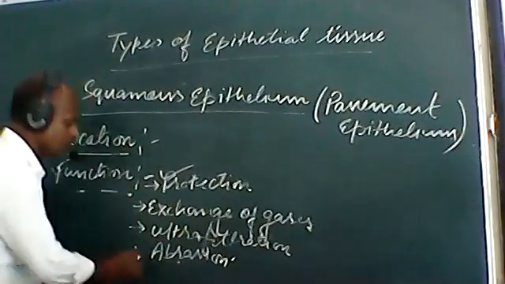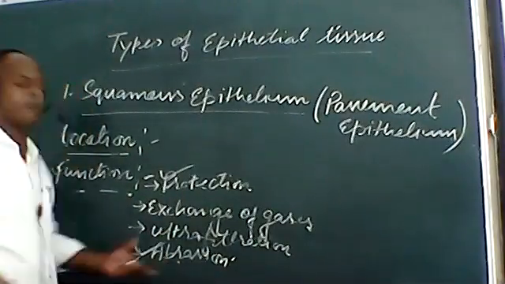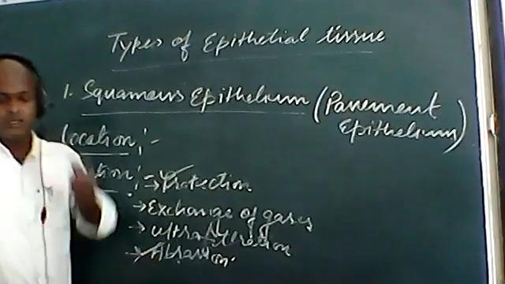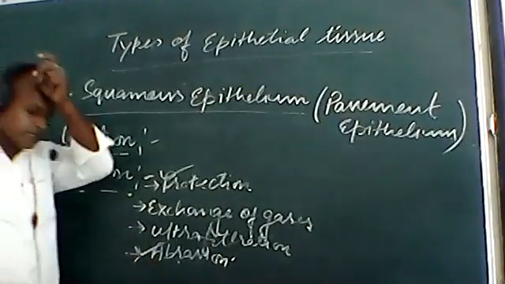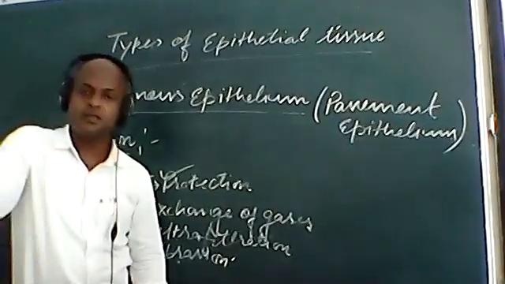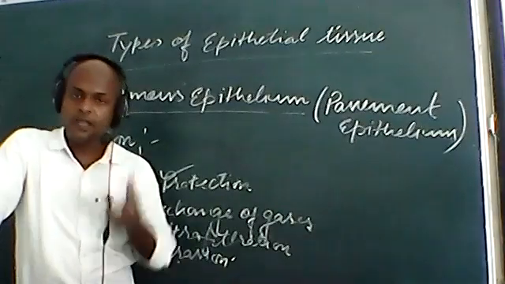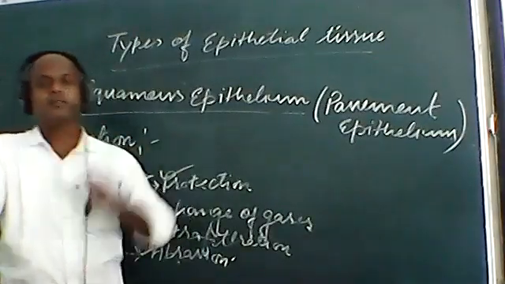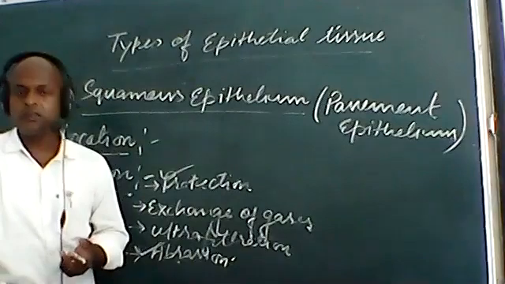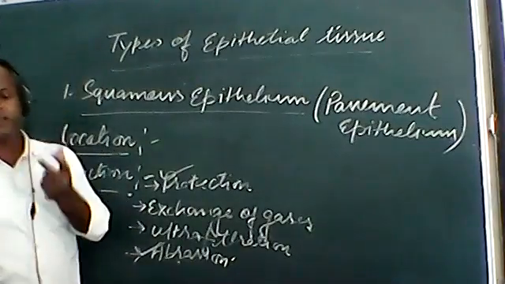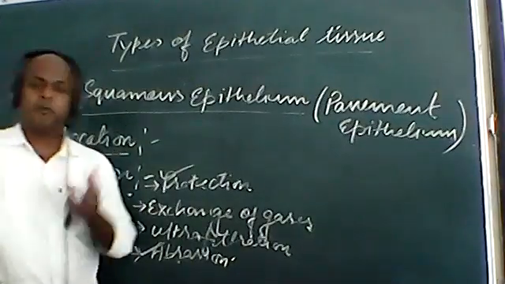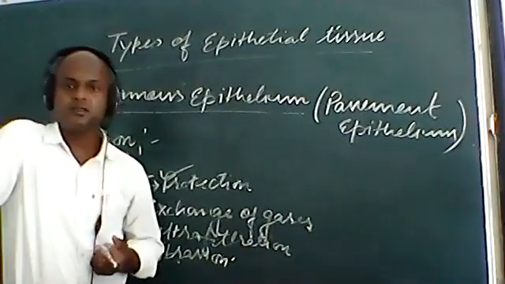The last thing which you have to study is abrasion. Mostly, if there is presence of stratified squamous epithelium, then we have studied it is present on the surface of the skin of our body, and it protects our body from damage. Abrasion means, होता क्या है? Damage.